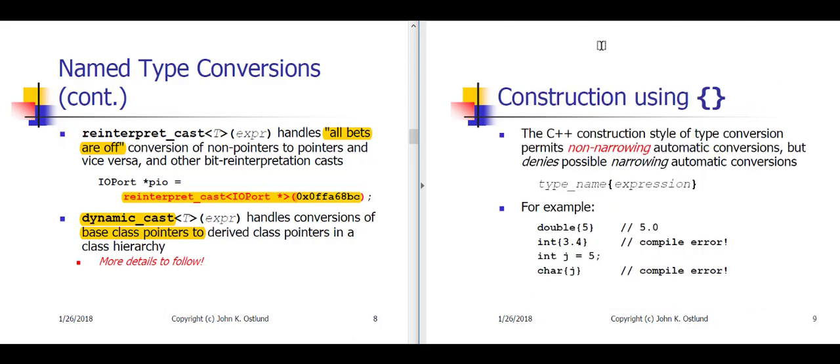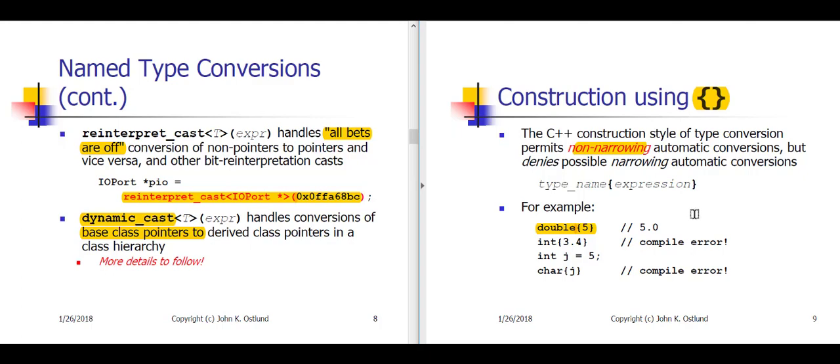It's also possible, as shown here on slide 9, to use curly braces to do type conversions. This is sort of a function-like type conversion. That is, we give a type name like double and then some expression in curly braces. This typecast will only be permitted if the conversion is what's called a non-narrowing conversion.